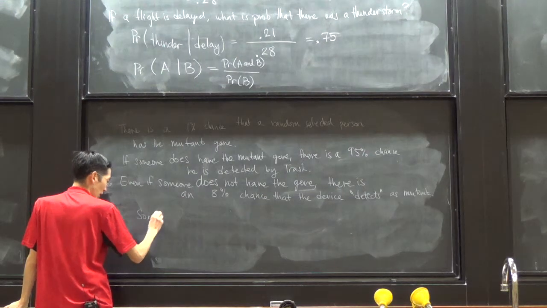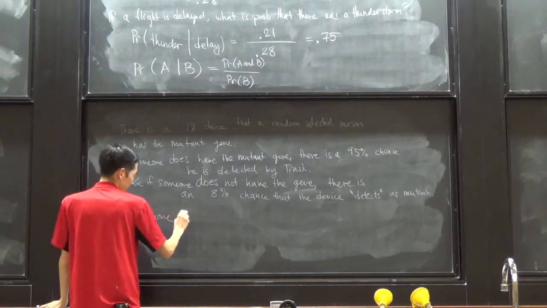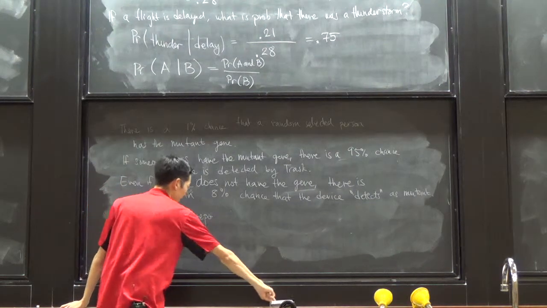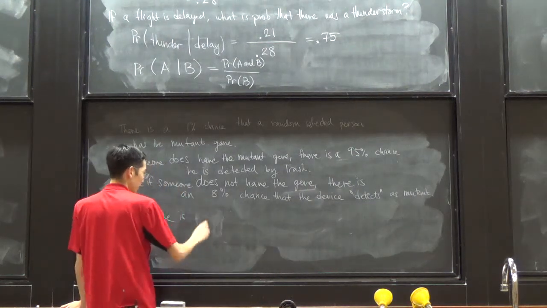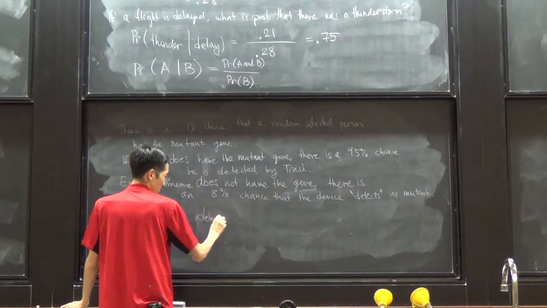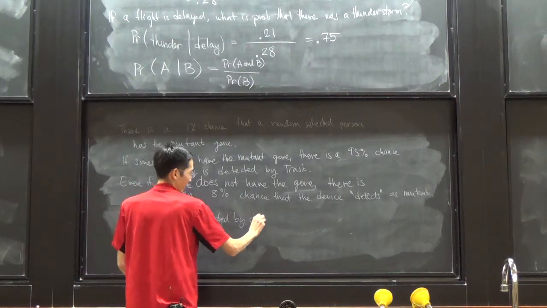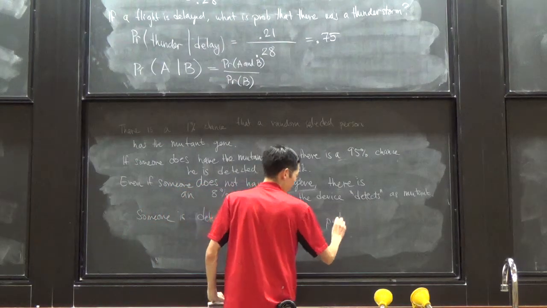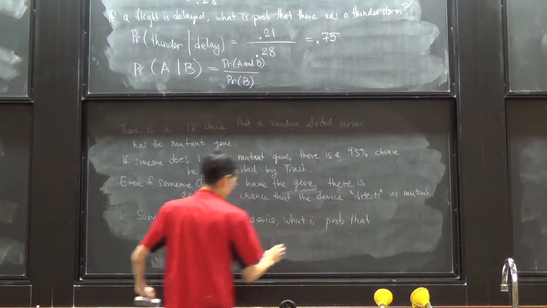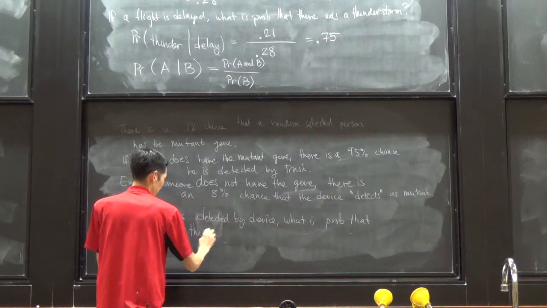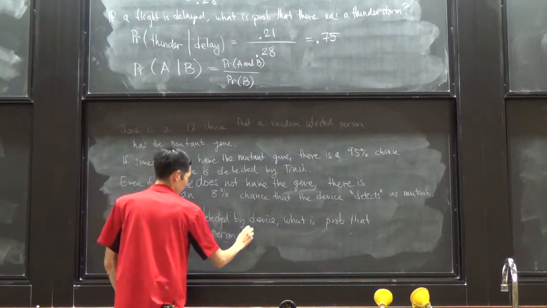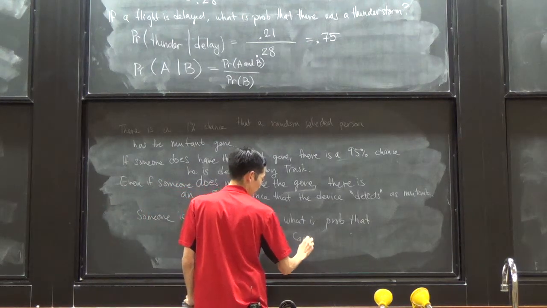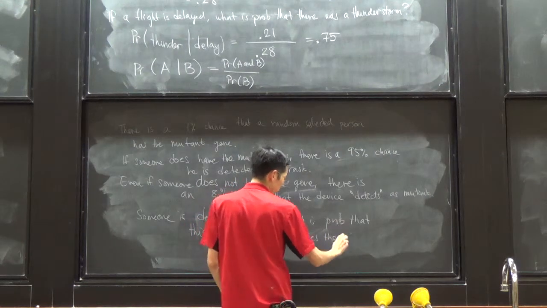Okay, so let's say someone is reported or detected by the device, okay? What is the probability that this person actually carries the mutant gene?